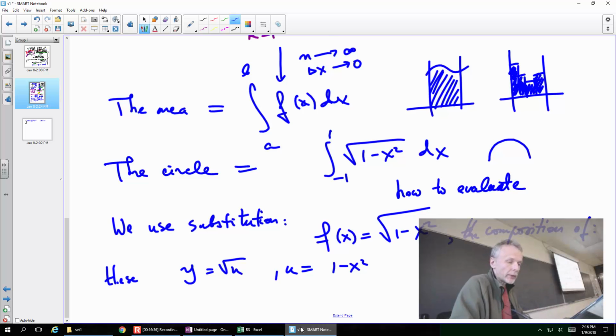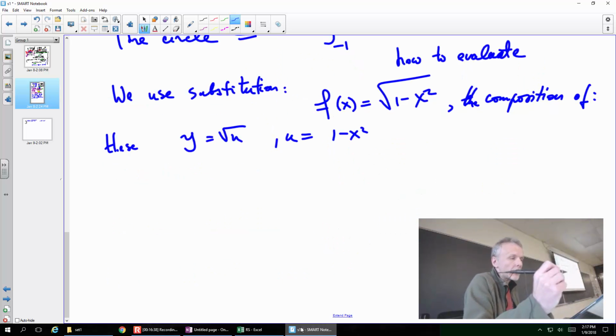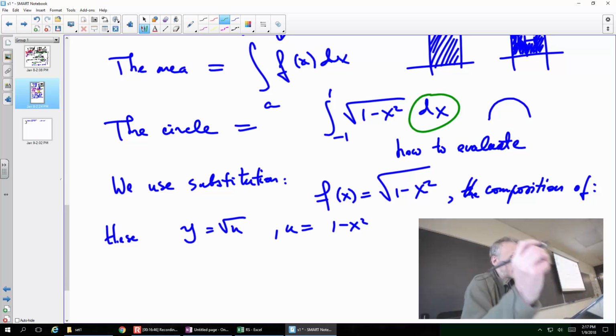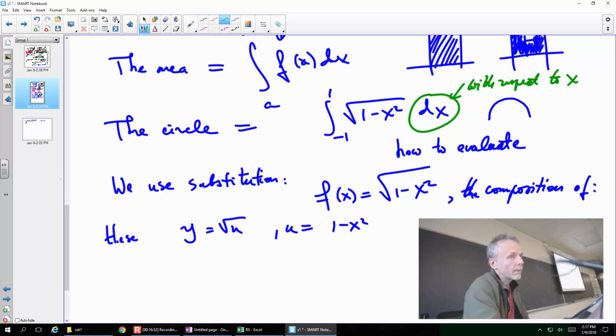So how it goes on from this point is that our integral contains dx, so this is integration with respect to x, and we want the integral to be with respect to u.